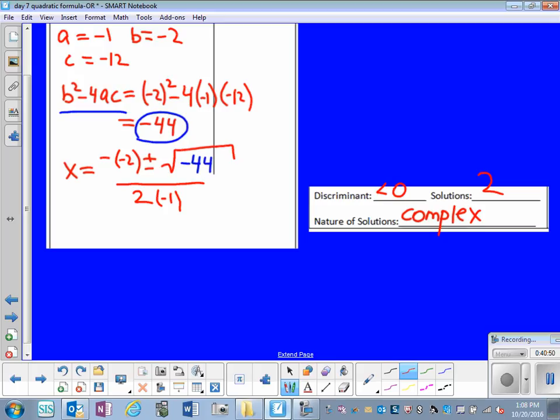Okay. So now I can just simplify it. So I'll simplify the square root first. Or I think we're ready to do it at the same time. So minus negative 2 is what? Just 2, right? This negative 2 is 2 plus minus. Now I want to simplify the square root. Negative under the radical gives me what to help? Square root of negative 44. So it's i, and then what?